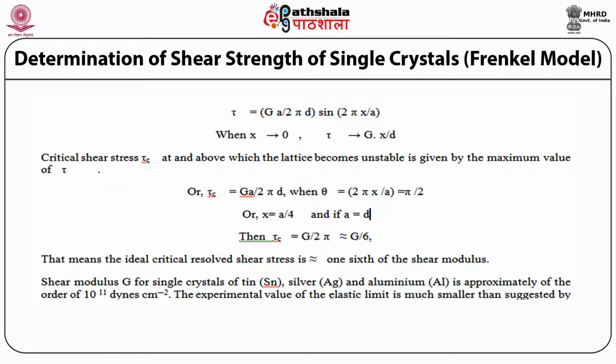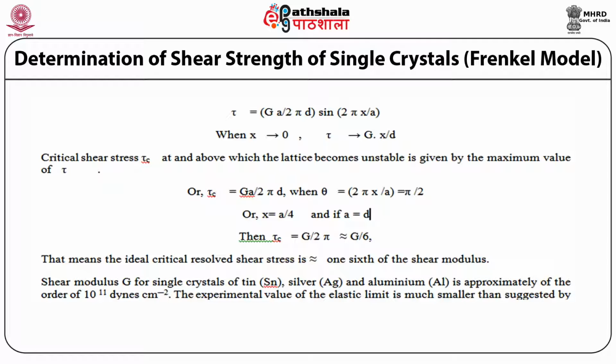Critical shear stress tau c, at and above which the lattice becomes unstable, is given by the maximum value of tau, or tau c is equal to Ga upon 2 pi d when theta is equal to 2 pi x by a equal to pi by 2, or x is equal to a by 4.